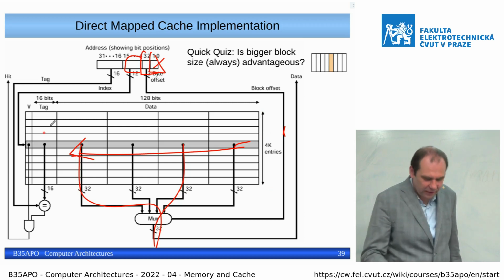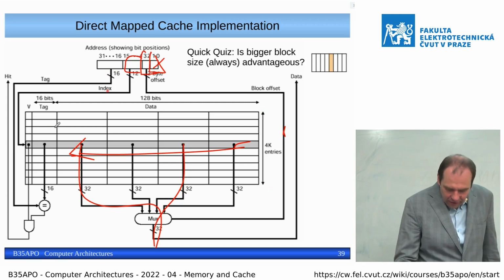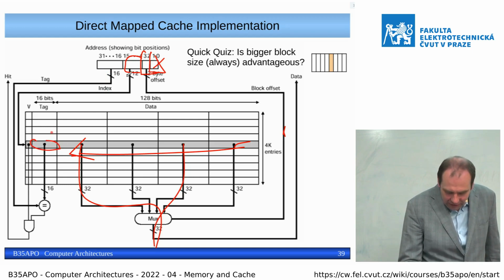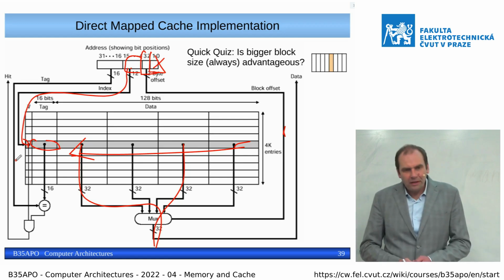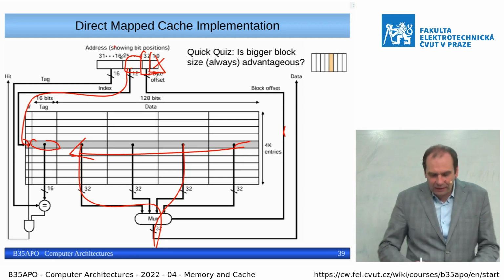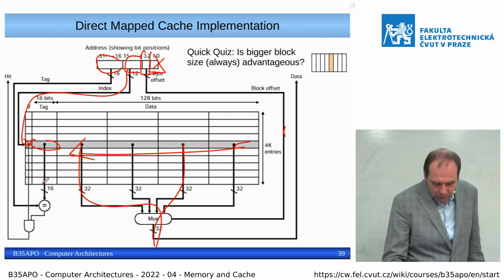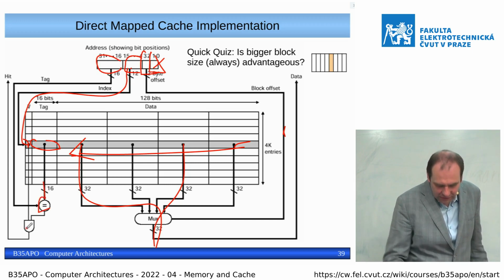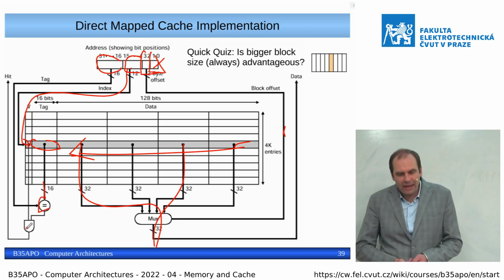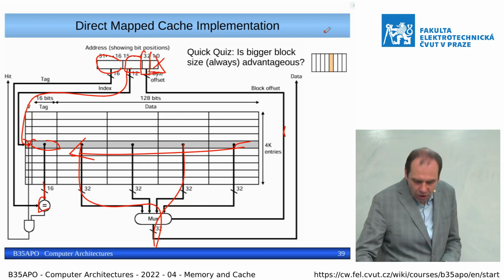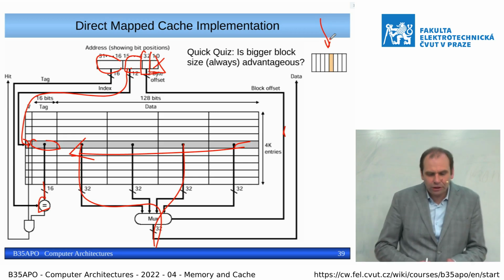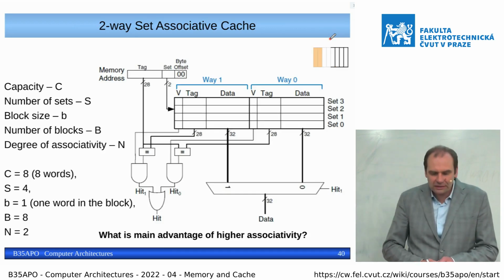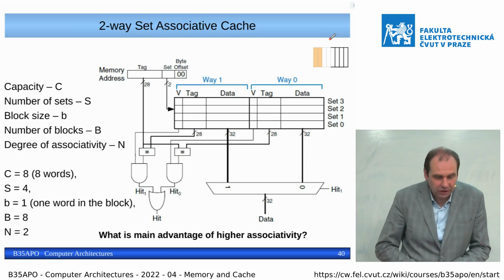And to check that the actual data at the given row, which is selected by those bits, are actually data from a given address, we need to compare a tag, which is 16 bits in this case. And it is a directly mapped cache, because all data have only a single location in the cache where we need to check if data are present. But in this case, we have problems with collisions.